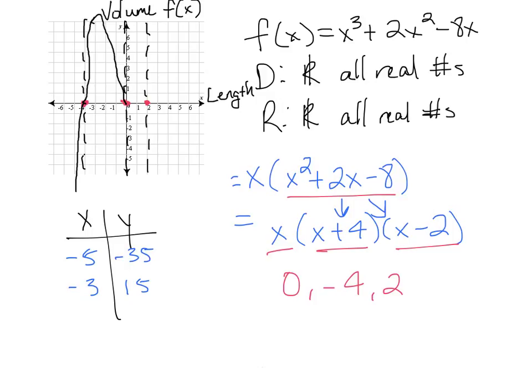All right, now let's look at 1. What if I put 1 into my function? Well, 1 cubed plus 2 times 1 squared minus 8 times 1, I end up getting -5. So 1, -5 is down here.